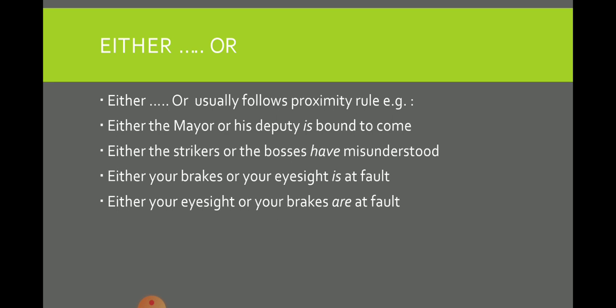Let's take the next example. Either the strikers or the bosses have misunderstood. Also here we have the noun, the bosses, which is a plural one, and that's why we used a plural verb, have.